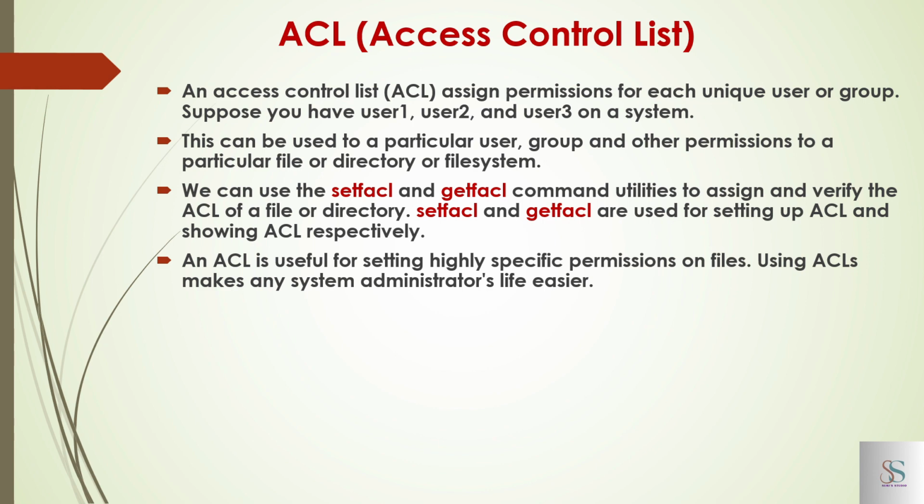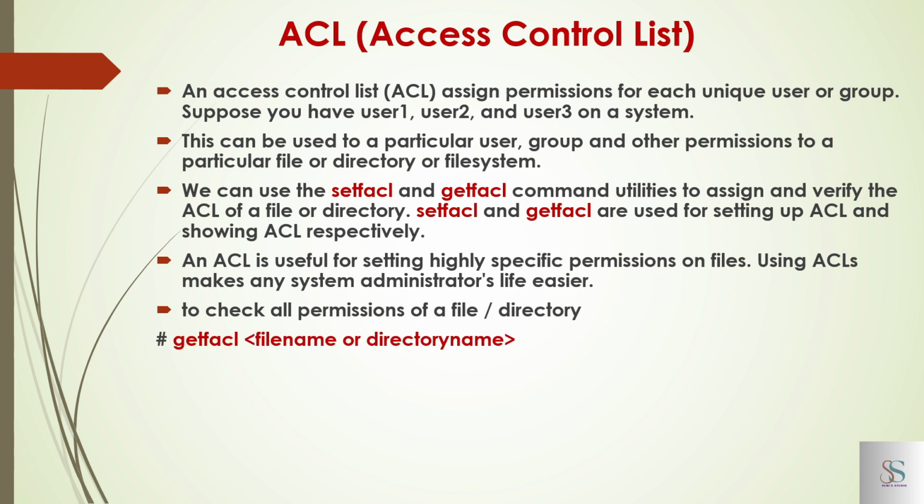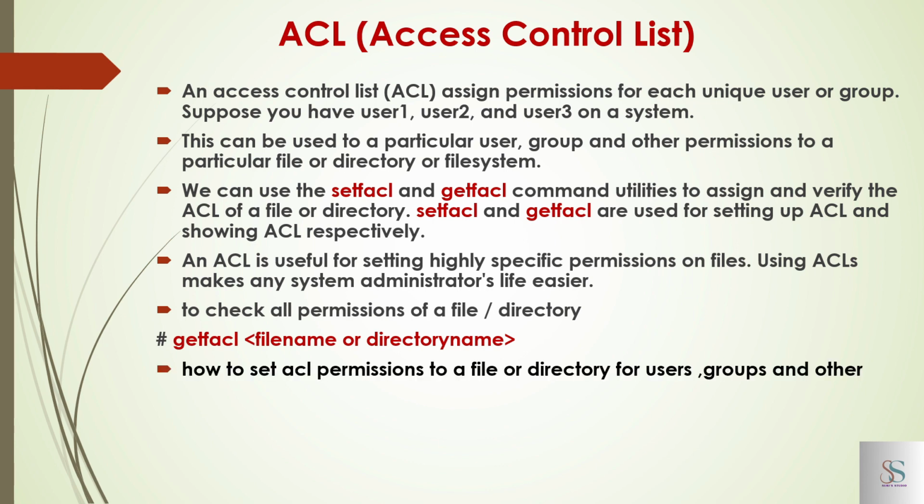To check all permissions of your file or directory, this is the command: getfacl, with the file name or directory name. It will show the permissions of that particular file or directory.